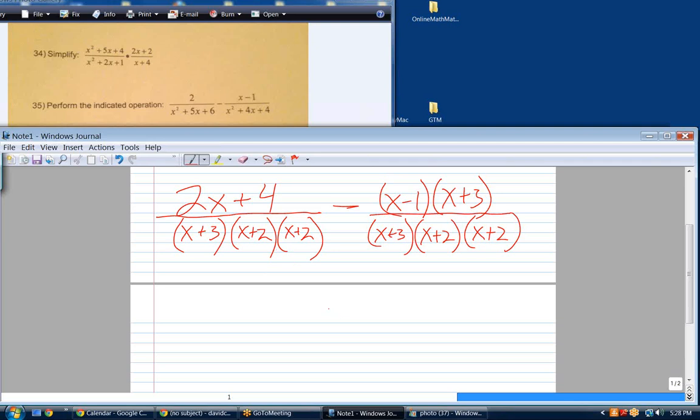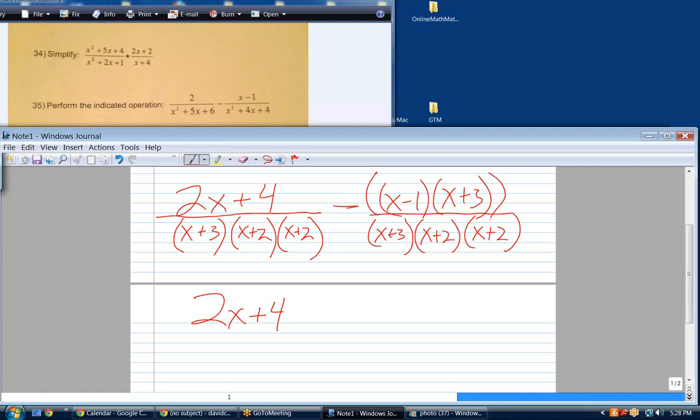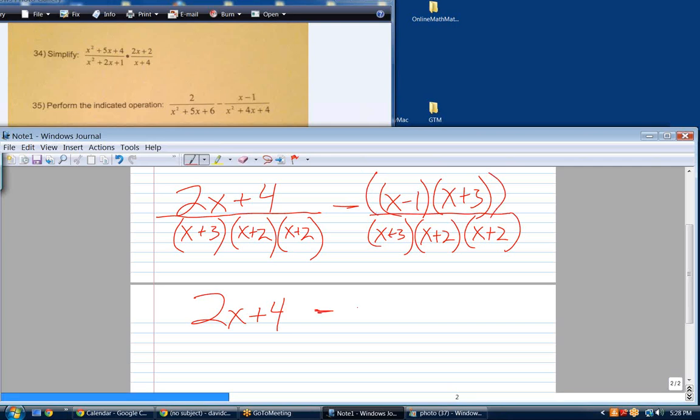And one thing you want to make sure you do here is make sure this negative sign applies to everything in the numerator. In other words, put an extra parentheses around that. It's probably the biggest single error that people are going to make on this problem. Okay, so I'm going to put parentheses there.